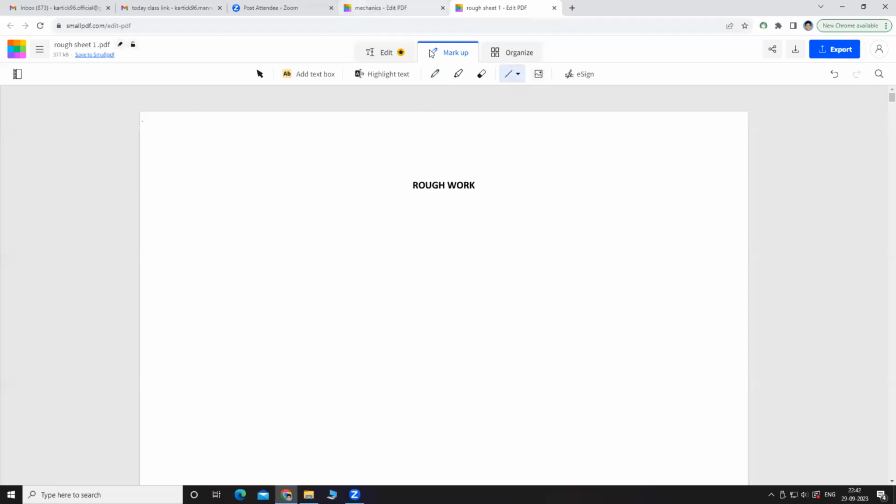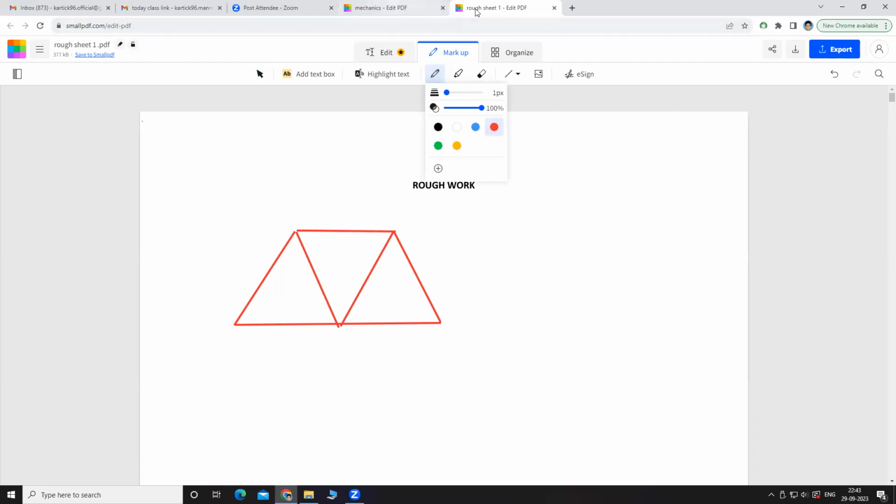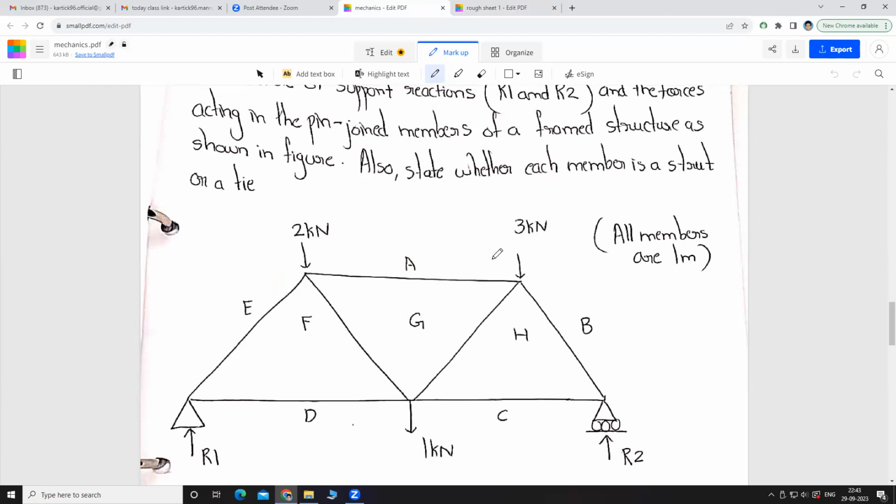So if we draw this one, then another line here, and then we have this joint. Now we apply the loading: 2 kilonewton here, 3 kilonewton here, and 1 kilonewton here.